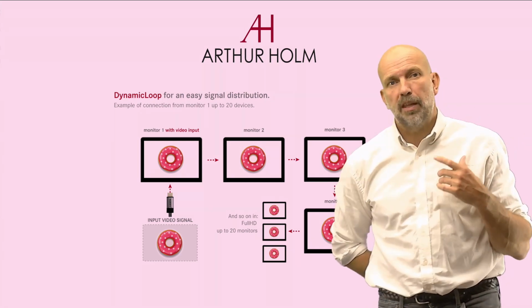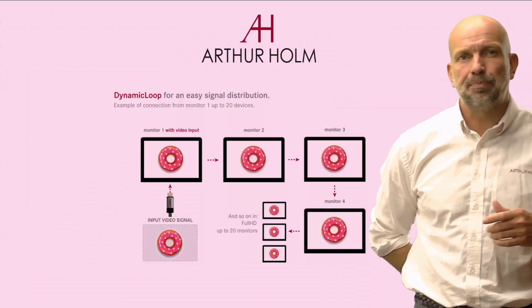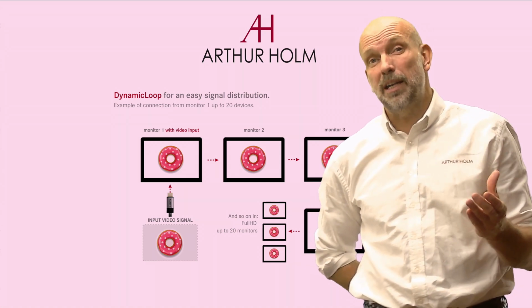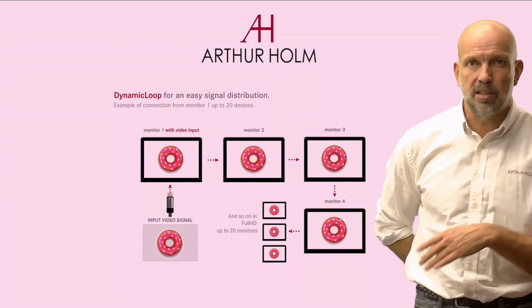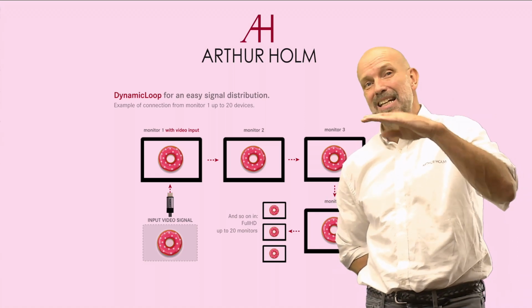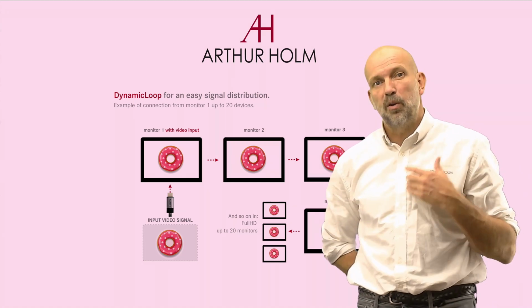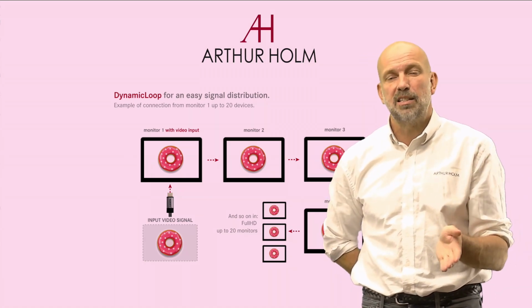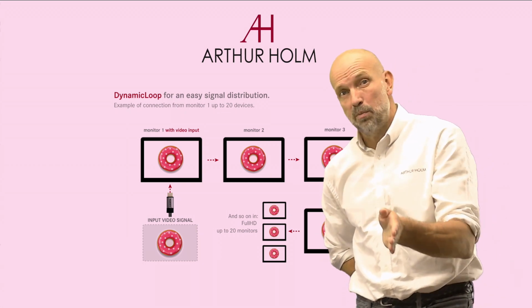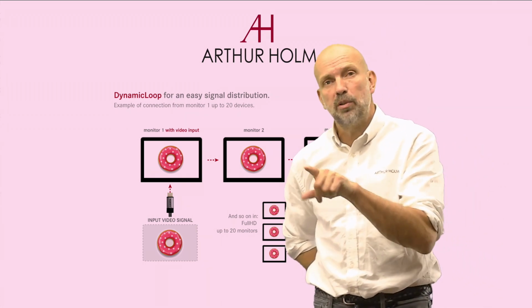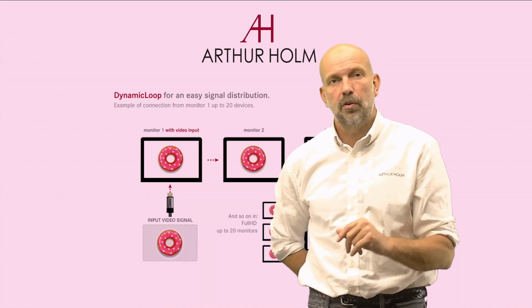And therefore, if we add an HDMI matrix or HDMI splitter, 1 in 10 out, we can actually make 19 lines. So if you have one source that goes into an HDMI splitter and you have 10 outputs, you can have on each output 19. So that's 190.